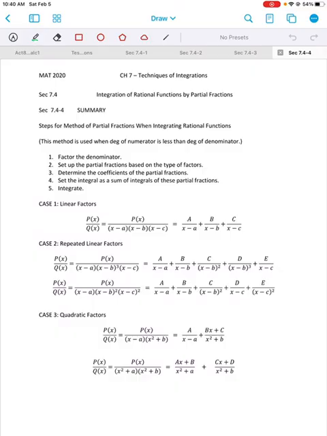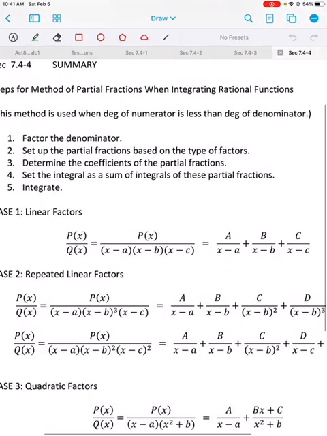So three cases and a mixture of these cases, you should be able to figure out how to set the partial fraction. So what is the method when we get a rational expression with numerator having degree smaller than the denominator? If the denominator can be factored, that's what you should do. That's the first thing to do, that you should factor the denominator.